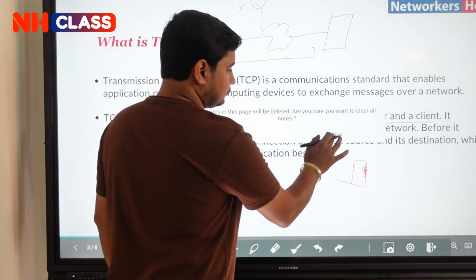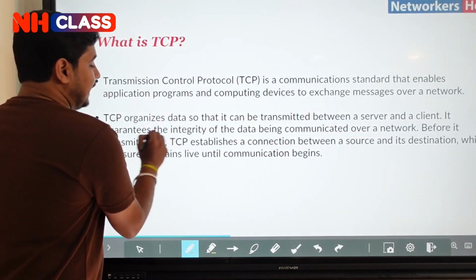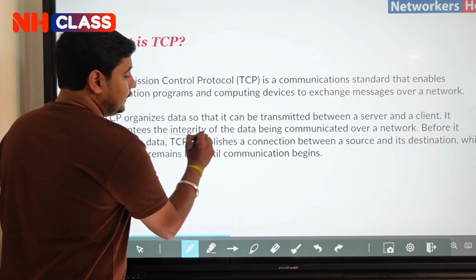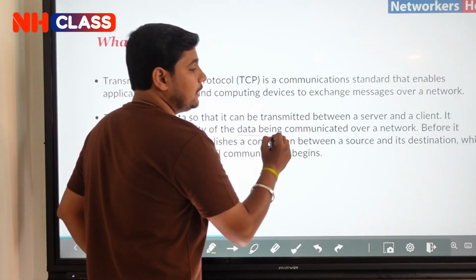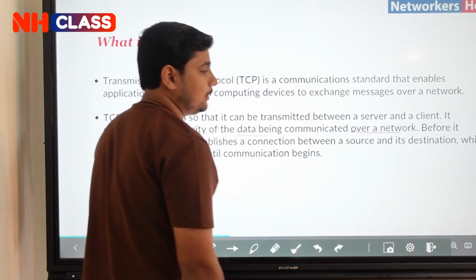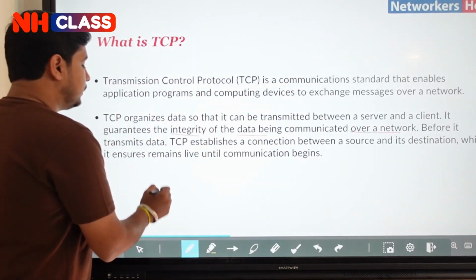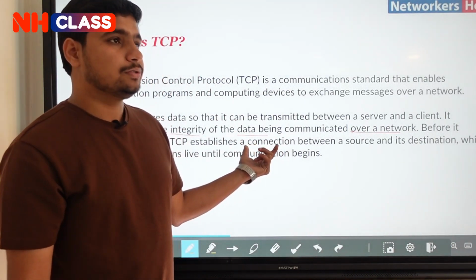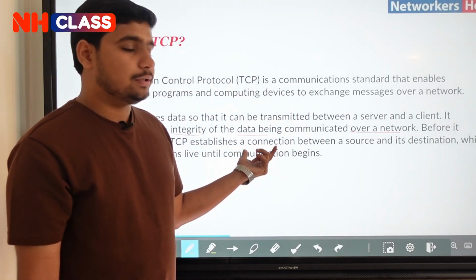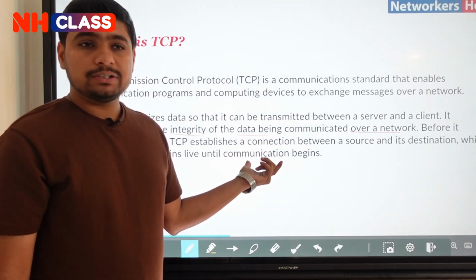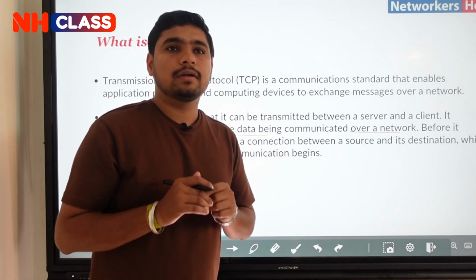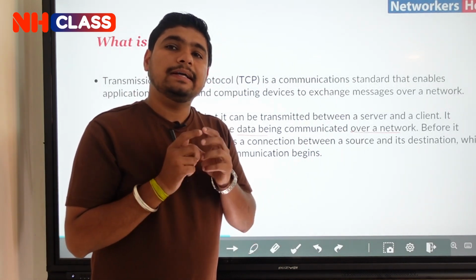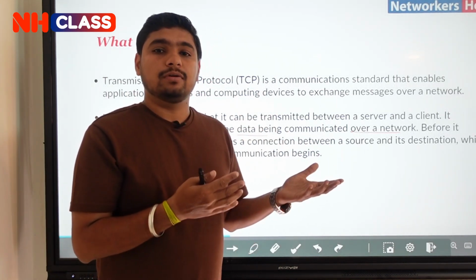So it guarantees the integrity of the data being communicated on the network. Before it transmits the data, TCP establishes a connection. As you know, TCP always uses the three-way handshake process. Or even in establishing the connection, TCP uses a four-way handshake also.